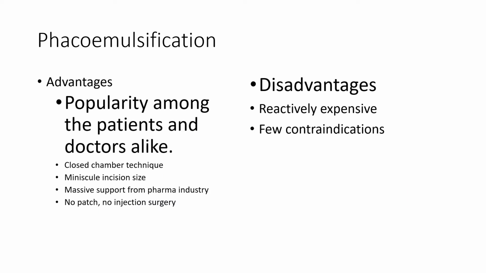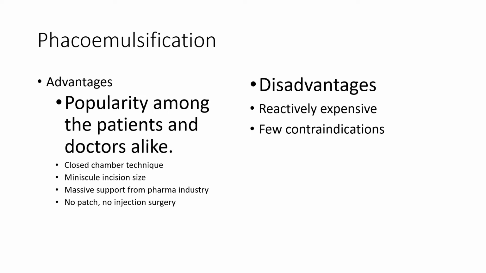So, what is the advantage with phacoemulsification? The one advantage is that it is very popular among the patients and doctors alike, and this is the biggest advantage. Rest of the features are just fallout of finer points, but ultimately they culminate into this feature that it is very popular.